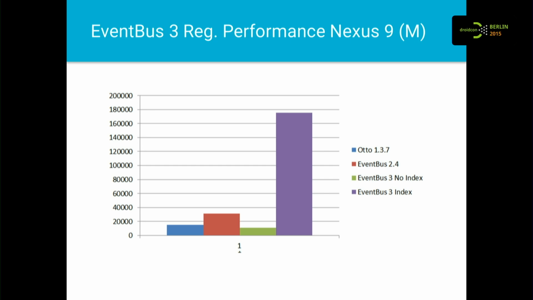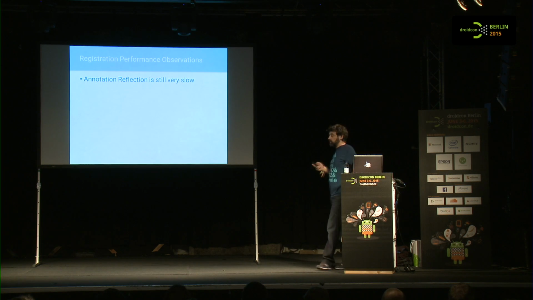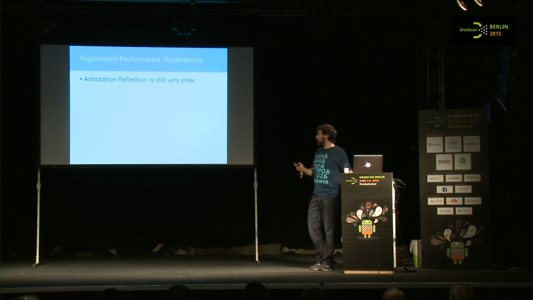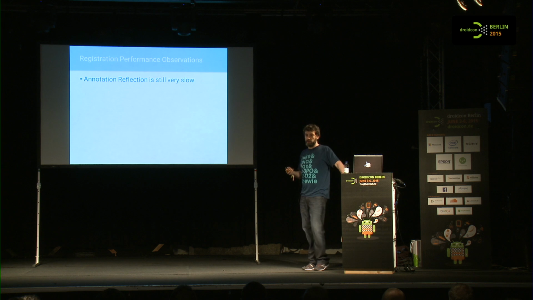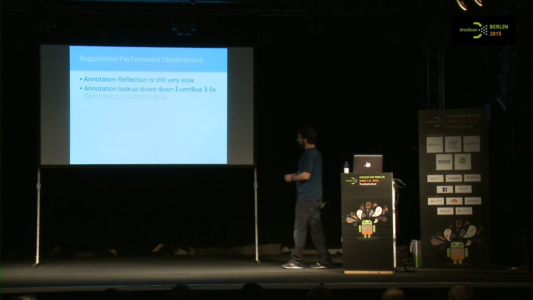But if you noticed, I'll go to the next slide because it will still explain stuff. The funny thing is, over the years, reflection for annotations still didn't get really faster. So this is very painful.